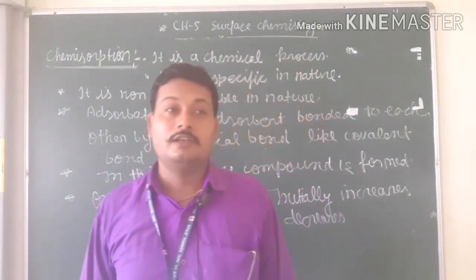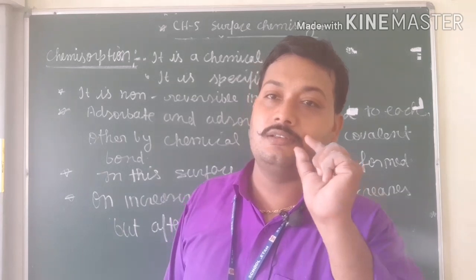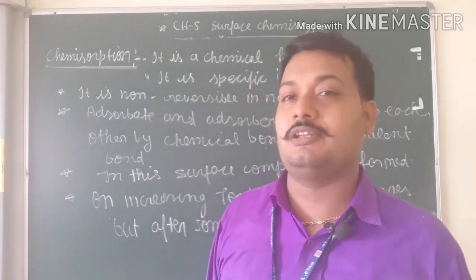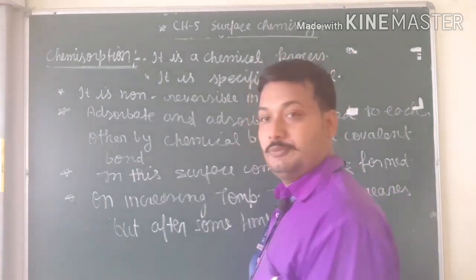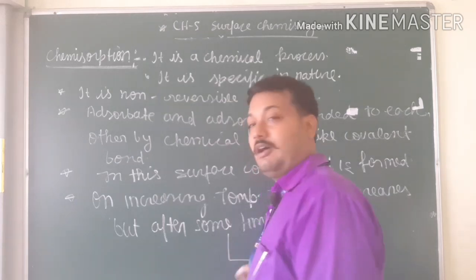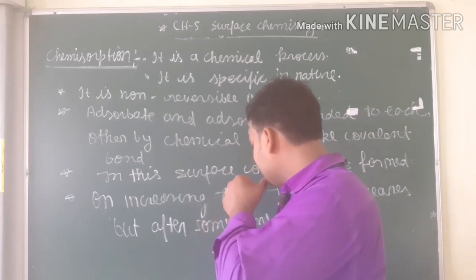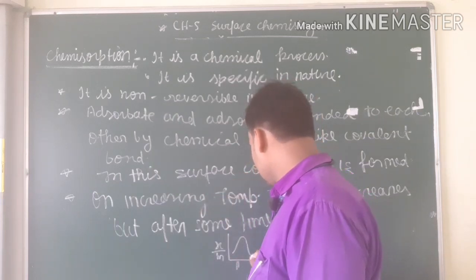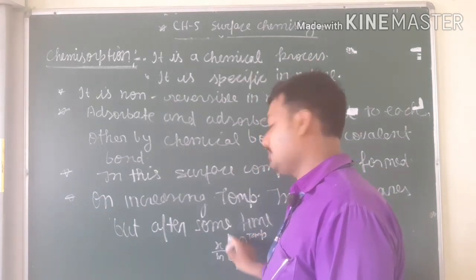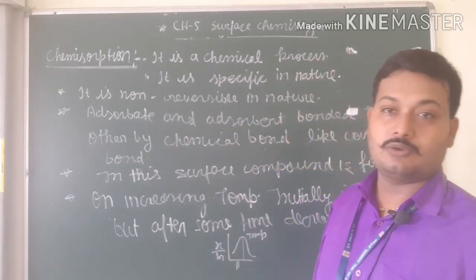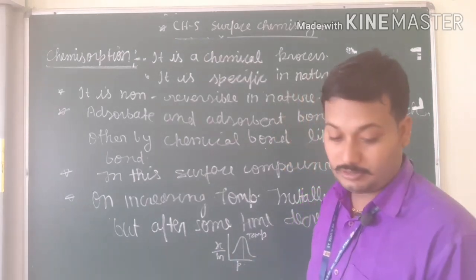Because initially there is a requirement of heat to supply the activation energy, but after that, the process is exothermic, so a downfall takes place. So we can also plot the graph for it. If this is x/m, then this is the maximum at a particular temperature, and then it initially increases, then decreases. Okay, so this is about the temperature.